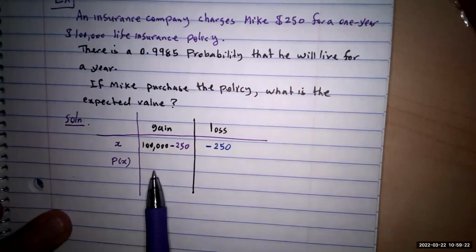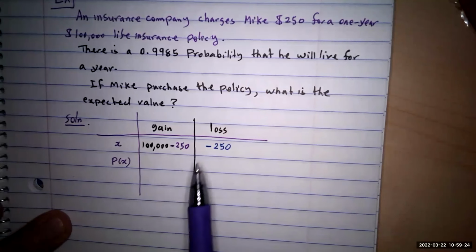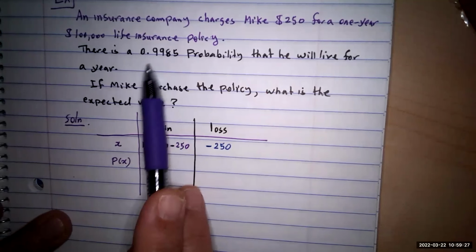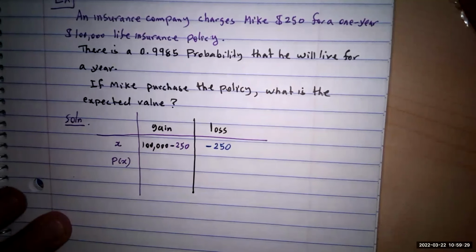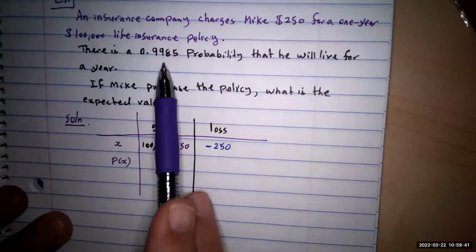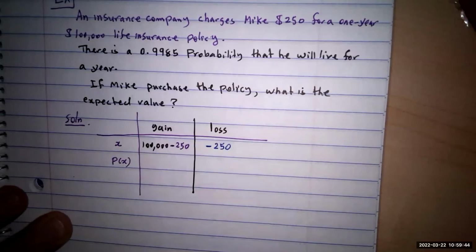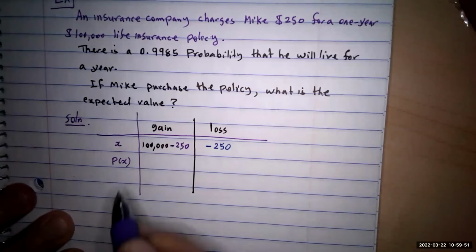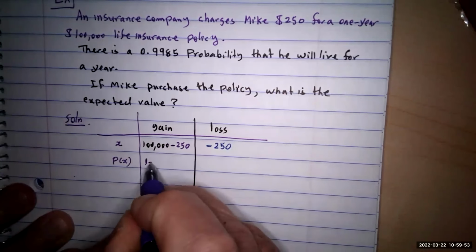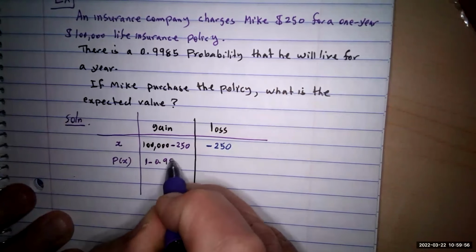So what's the probability that he's not going to be alive at the end of the year? It's the complement of that number, which means 1 minus this number. It's going to be 1 minus 0.9985.